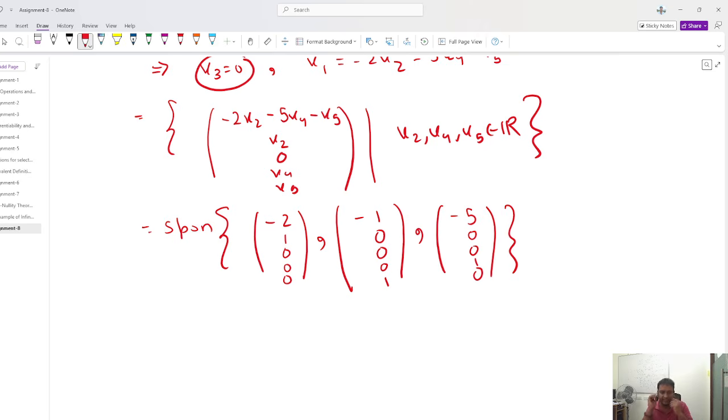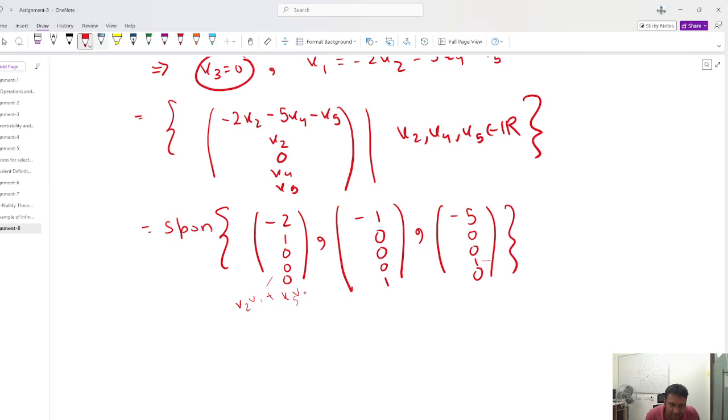These are the three vectors, and you can see these are clearly linearly independent. Can you see why? Because if you take x1 into the first, x2 into the second, and x3 into the third, you get that vector, and all the xi's have to be 0 from that.